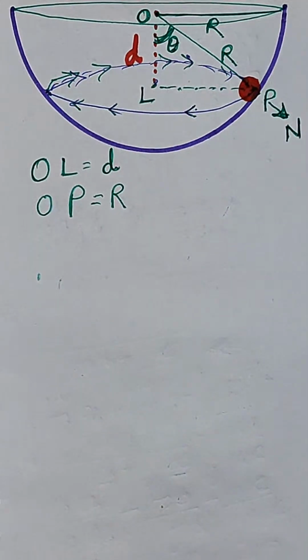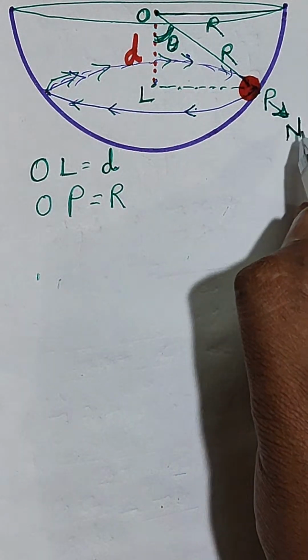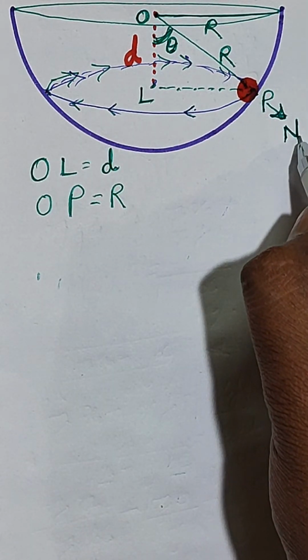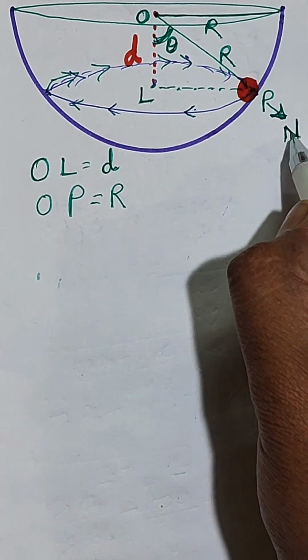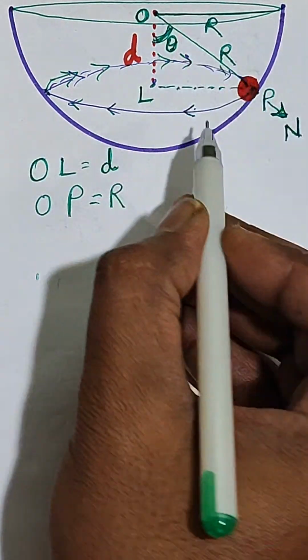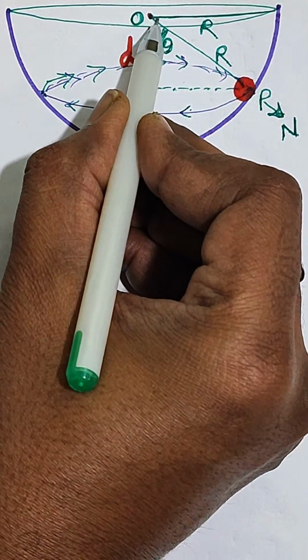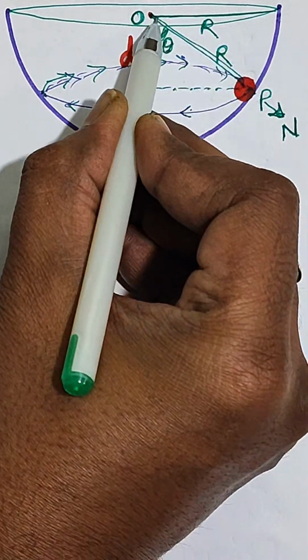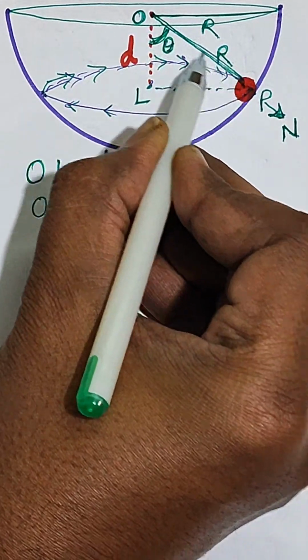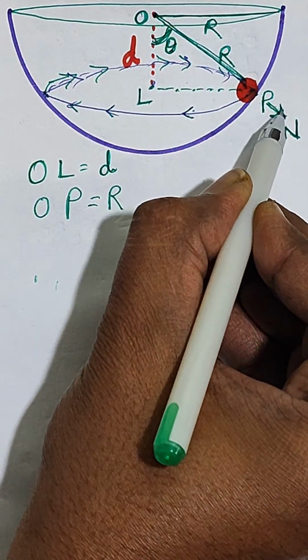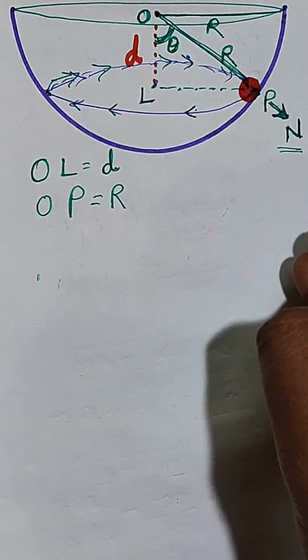N is the normal reaction, and along this line the normal reaction is passing.